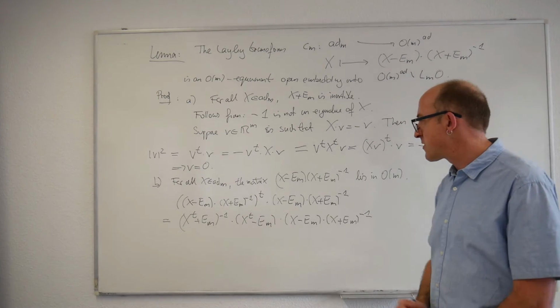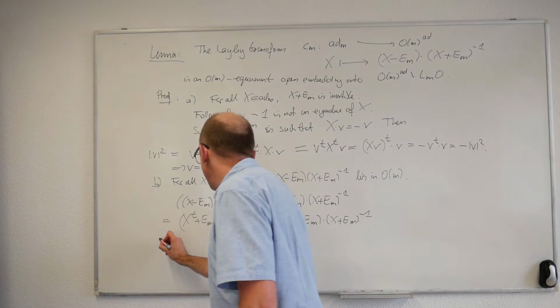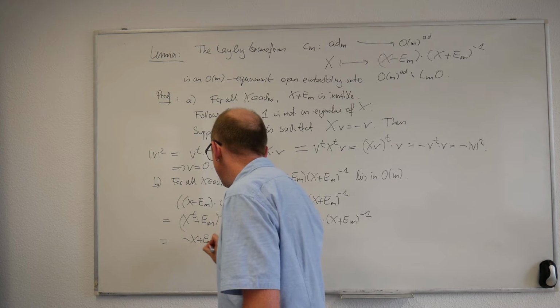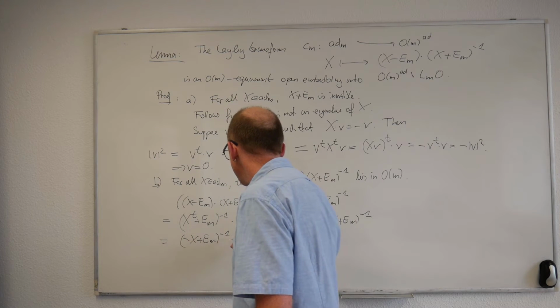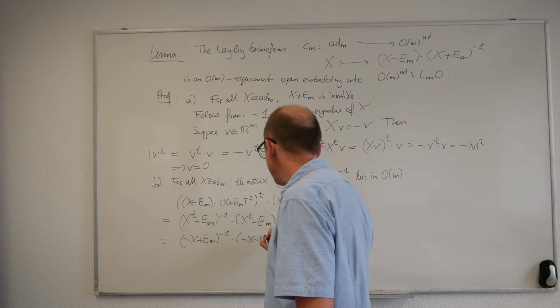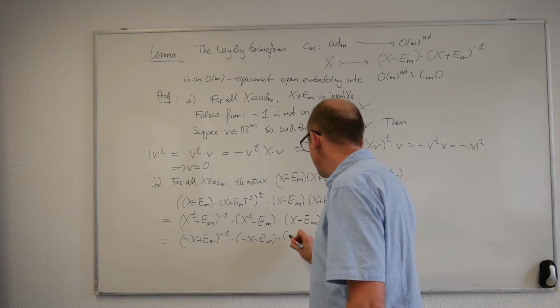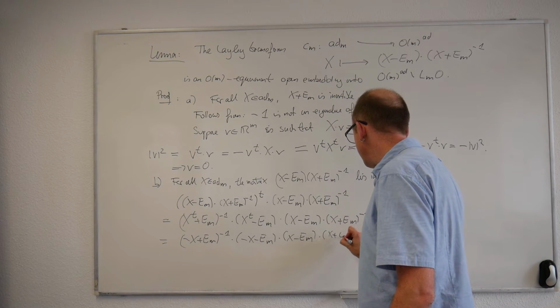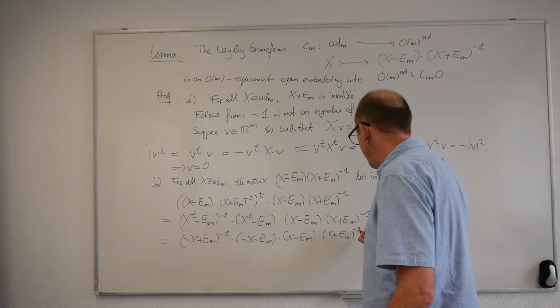In other words, it's skew symmetric. So I can put a minus sign here. So this is minus x plus e_m inverse times minus x minus e_m times x minus e_m times x plus e_m inverse.